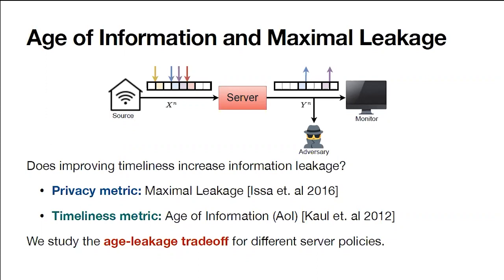Maximal leakage, I mentioned earlier in the afternoon, is an information theoretic model. I'll give a formula in a second. But one of the motivations is exactly this idea of looking at keystroke timing. If I can tell the timing between keystrokes, I can then infer which keys you pressed on a keyboard, and it's trying to control that kind of inference.